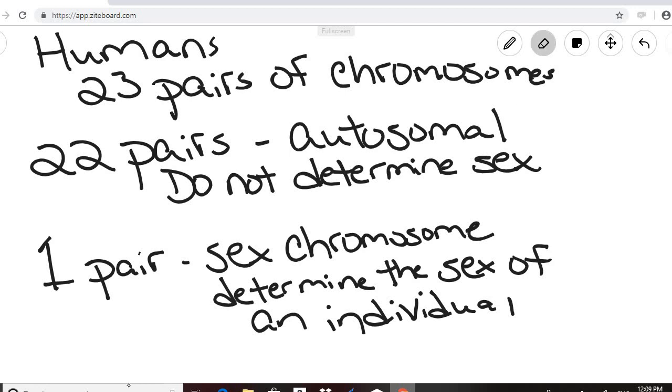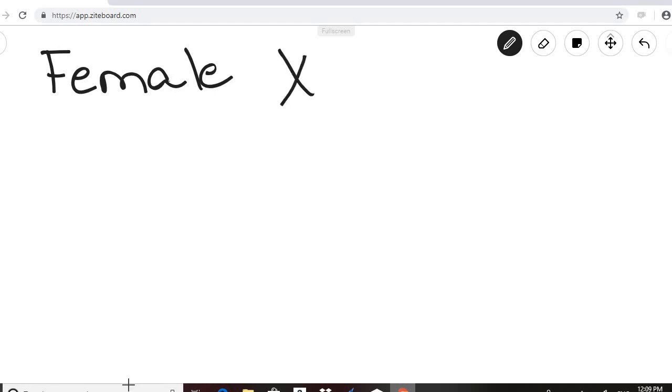Okay, so for a female, during meiosis, when the gametes are produced, we use the letters X and Y. And in a female, both of the chromosomes are X chromosomes.